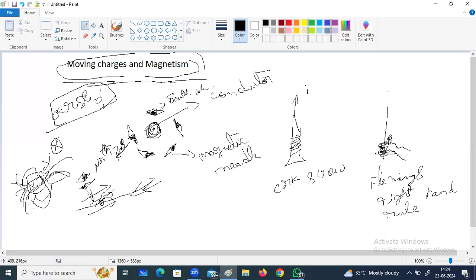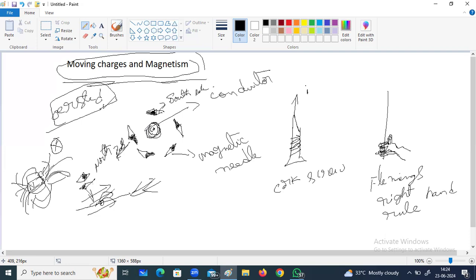Once the electricity flow starts, automatically the magnetic field also gets produced. Whenever the current is flowing, a magnetic field is automatically generated near it. This was the first assumption made.